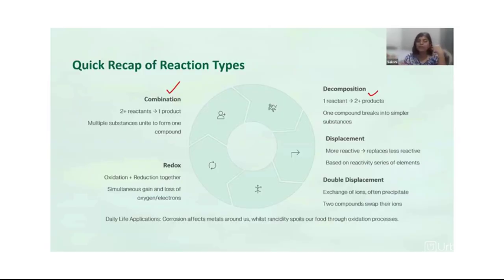Next, double displacement, where the exchange of two ions takes place to give two new products, and here you get to see precipitation as well. In the next class we are going to study redox reactions, oxidation, reduction, corrosion, rancidity. I hope you understood the four different types of reactions that happen around us.